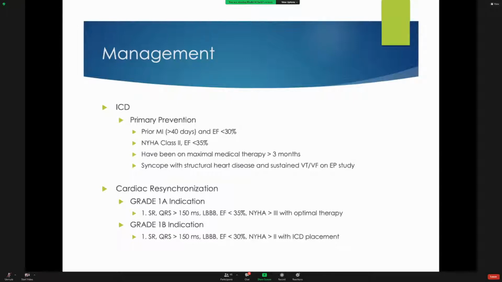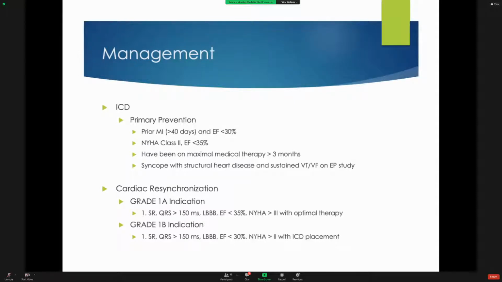Because pacemaker doesn't have defibrillator, so it won't give shock. Those devices will give shock. Even the resynchronization is the same idea?